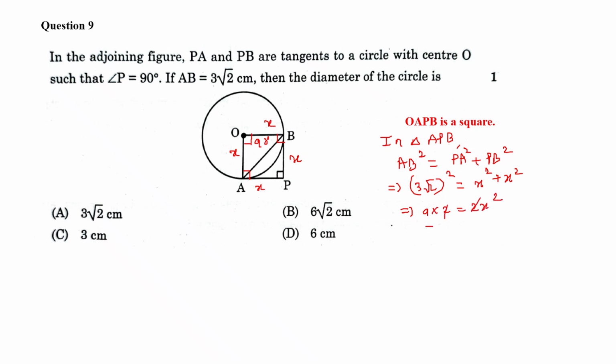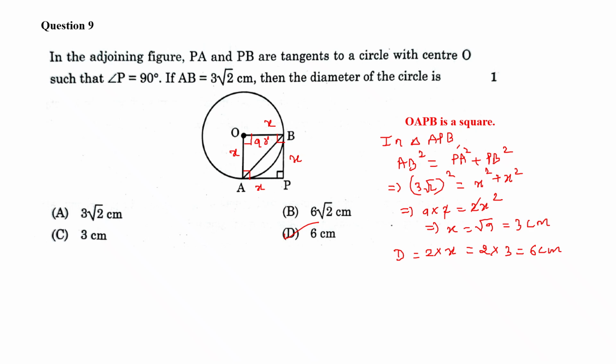Cancelling, x will be root of 9, which is 3 centimeter. Then the diameter will be twice x because x is the radius, so 2 into 3, which is 6 centimeter. So option D is the correct answer.